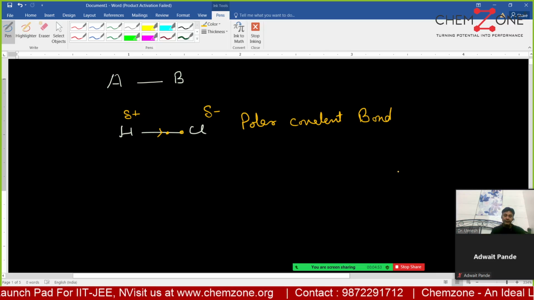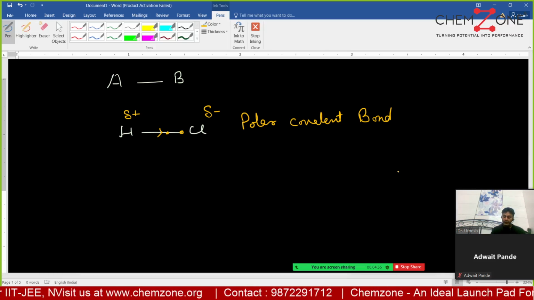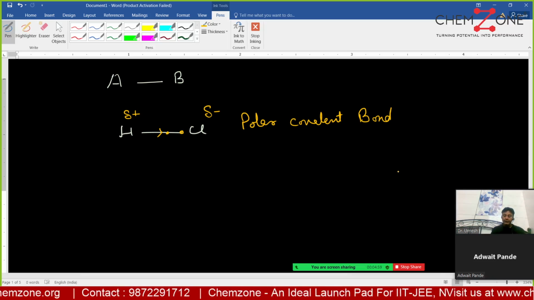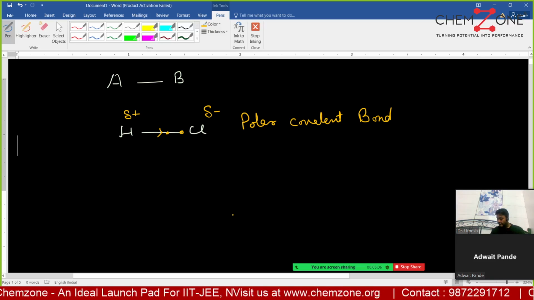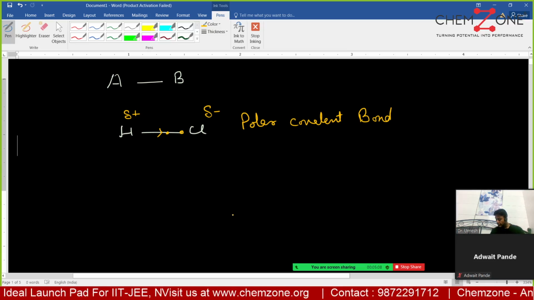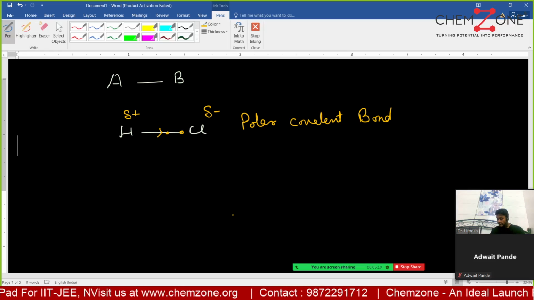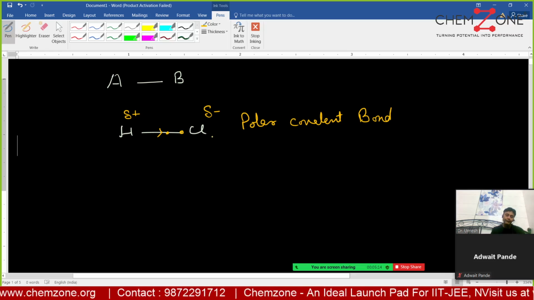It's polar, and the molecule is polar. There is a polarity, a positive pole and a negative pole. Positive pole and negative pole, right? So there is a polar covalent bond.